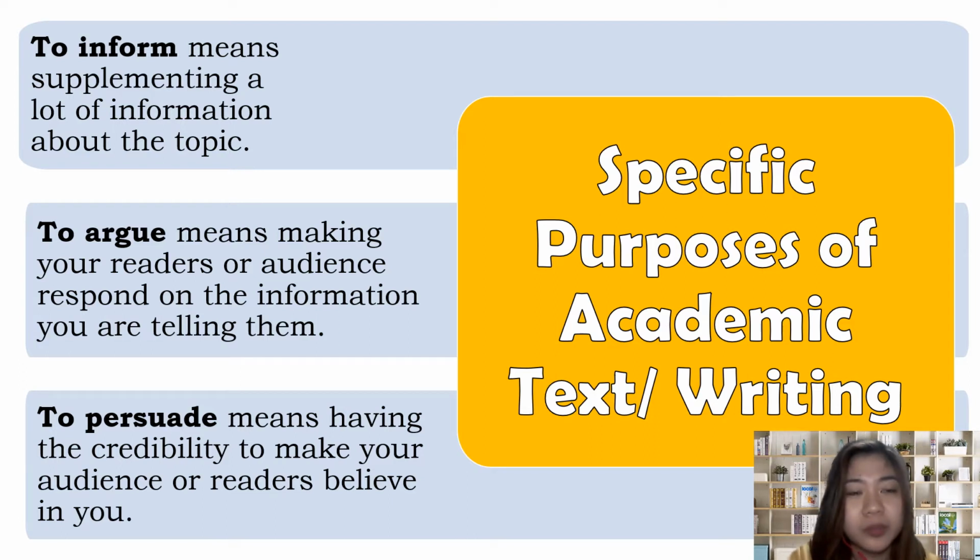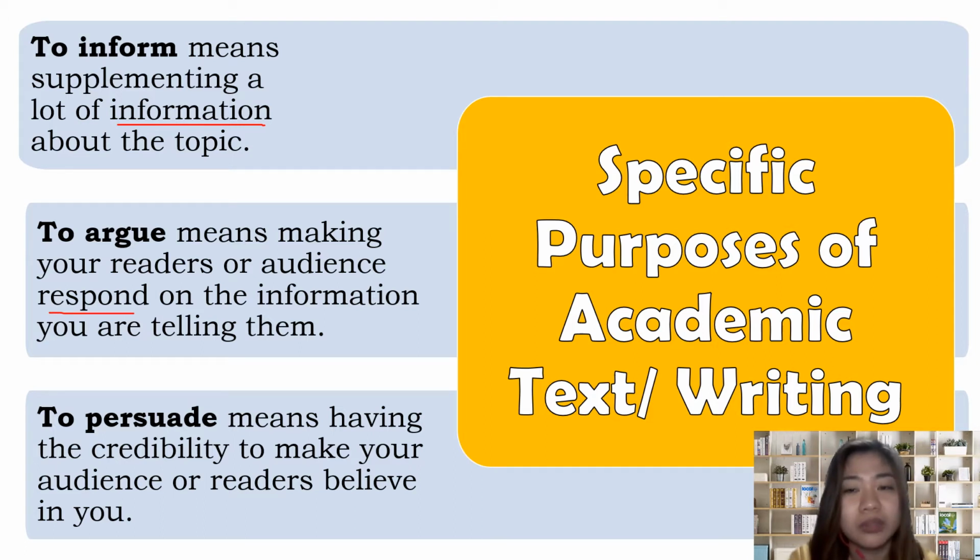When we speak of to inform, it means you are supplementing a lot of information about the topic. You are giving your readers enough information or enough knowledge about the topic you want to argue on or to explain on. And second one is to argue. To argue means making your readers or audience respond on the information you are telling them.